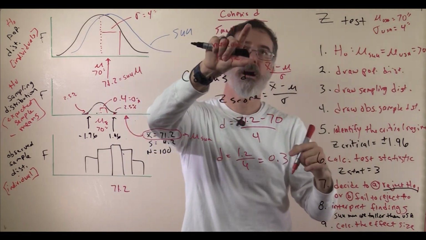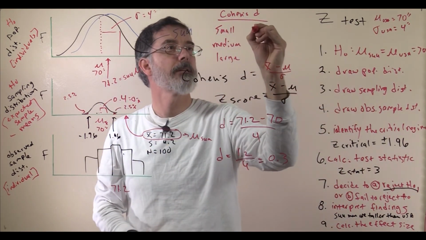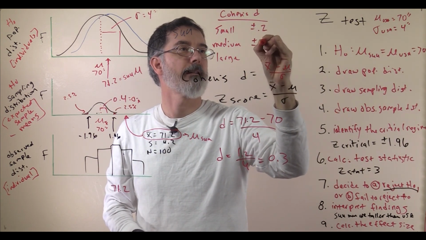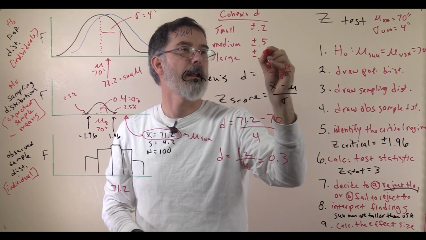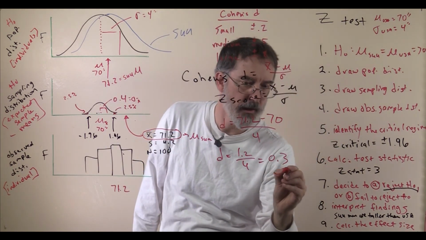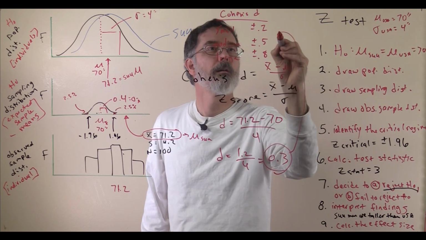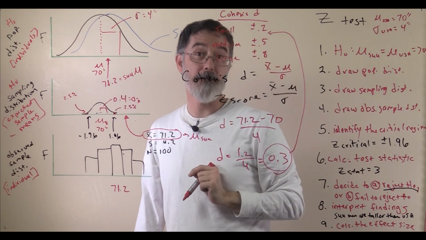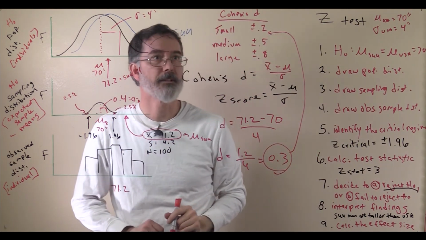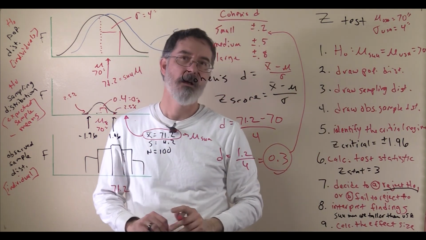Those correspond to Cohen's D values of plus or minus 0.2, plus or minus 0.5, and plus or minus 0.8. These are just rough benchmarks. In this case, we got a 0.3, which is pretty much a small effect size. You could maybe argue small to medium.